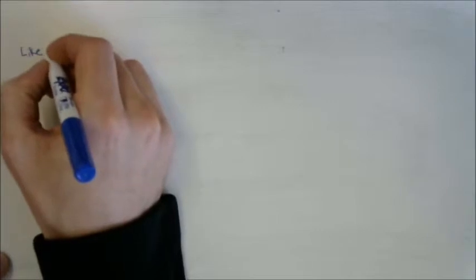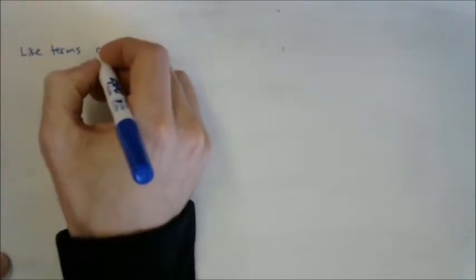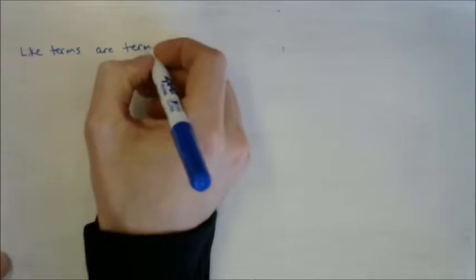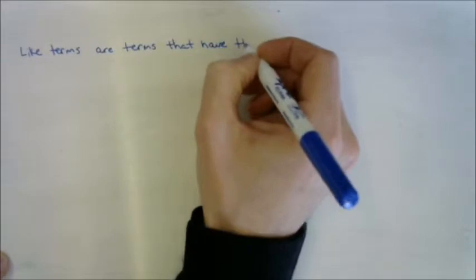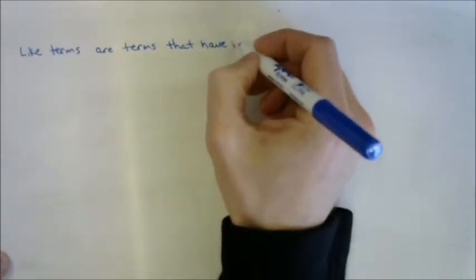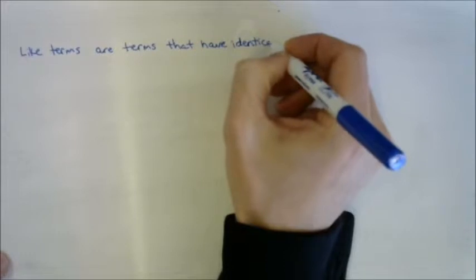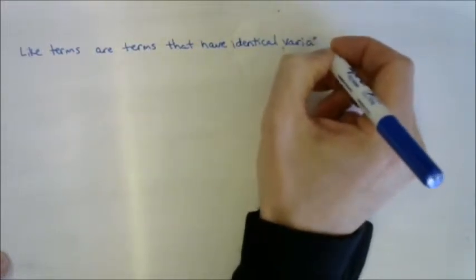In the next example, we're just identifying like and unlike terms. Again, this is familiar from the video that we watched, but right under that sentence, identify the like terms in each group. We're just going to put a little note as to what like terms are. Like terms are terms that have identical variables.